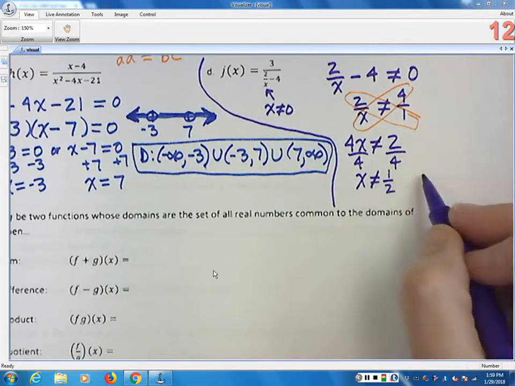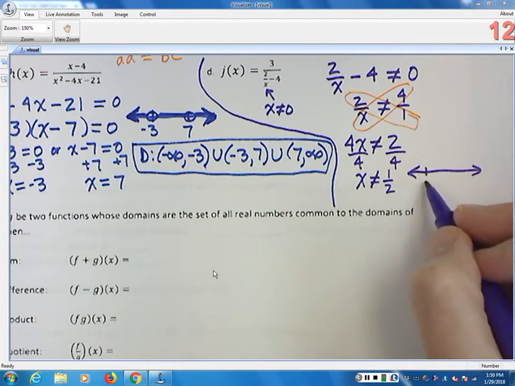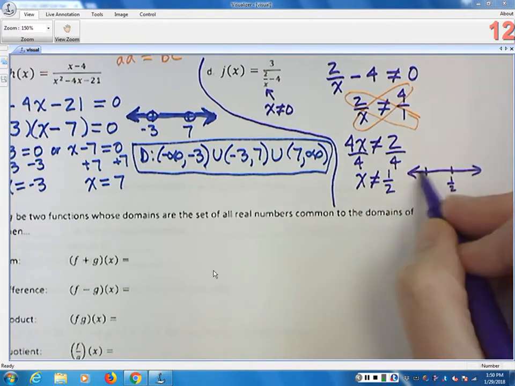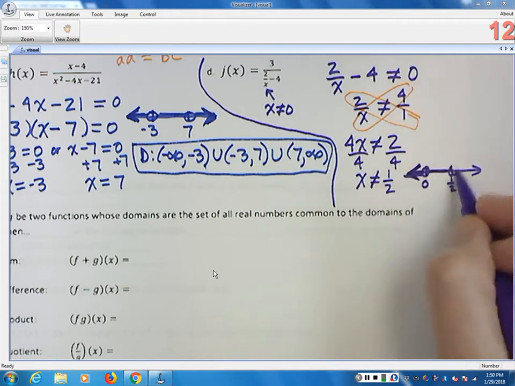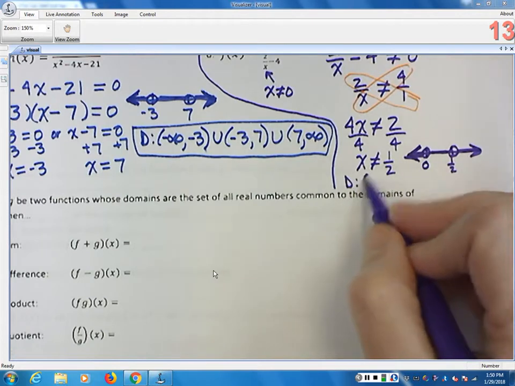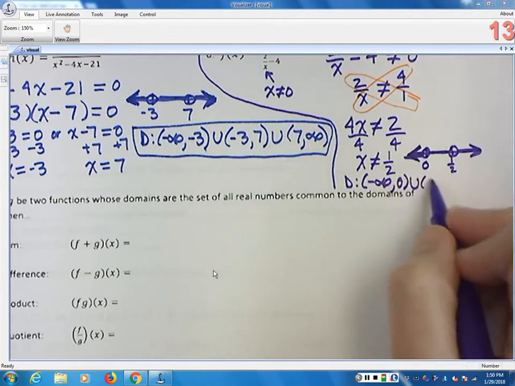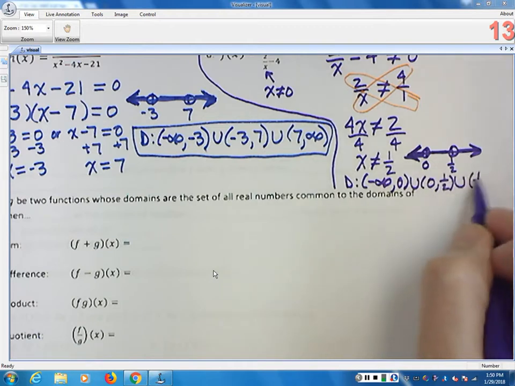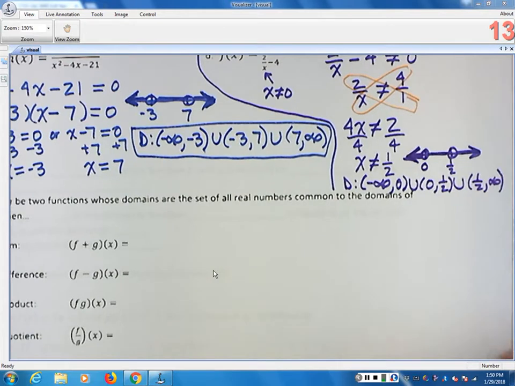We could draw the picture again, but the smallest number is 0 and the next number is a half. So there's going to be 3 areas. Those are open circles. So the domain is going to be minus infinity to 0, union with 0 to a half, union with a half to infinity.